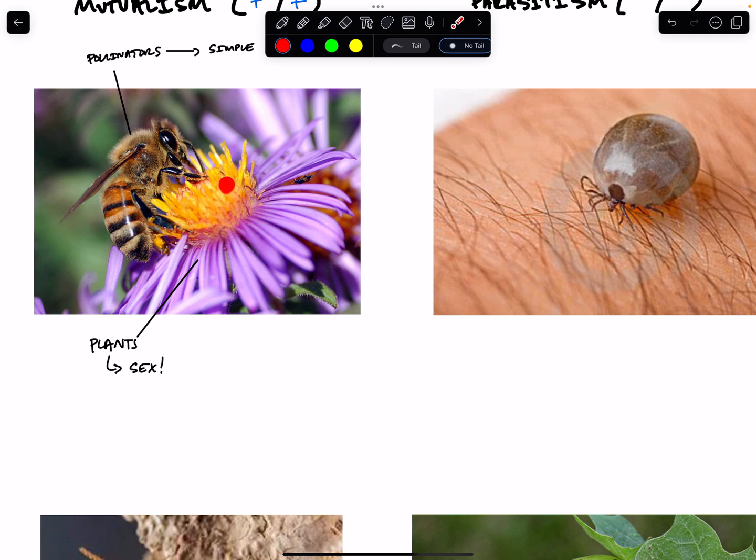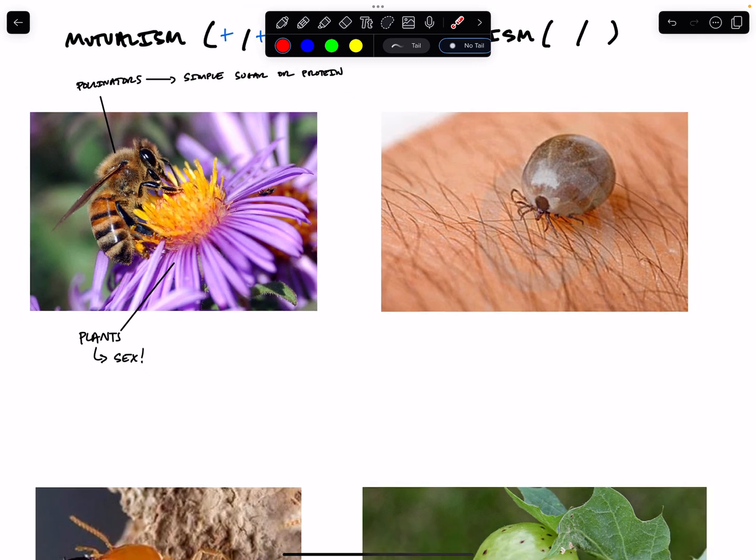When a bee pollinates a flower, pollen from the stamens of the flower rubs off on the bee, which then flies to another flower and delivers the pollen, which is basically the plant sperm, to the female part of another flower. So the bees are little carrying messengers of the plant sperm from plant to plant.